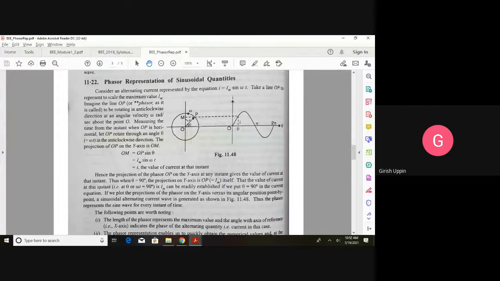Assume you have a phasor, and you are rotating it in the anticlockwise direction. Initially this phasor OP is on the x-axis, so it is represented like this, and if I take the projection on the y-axis, the projection would be 0.